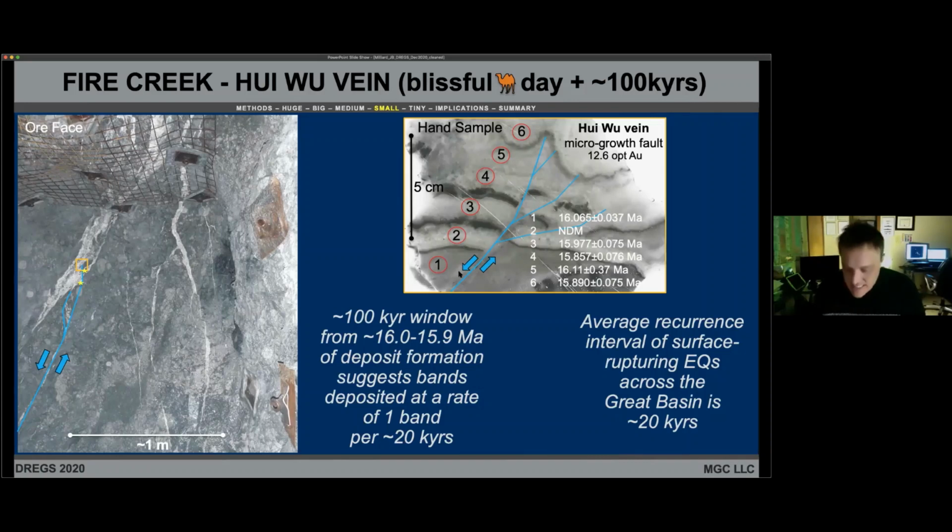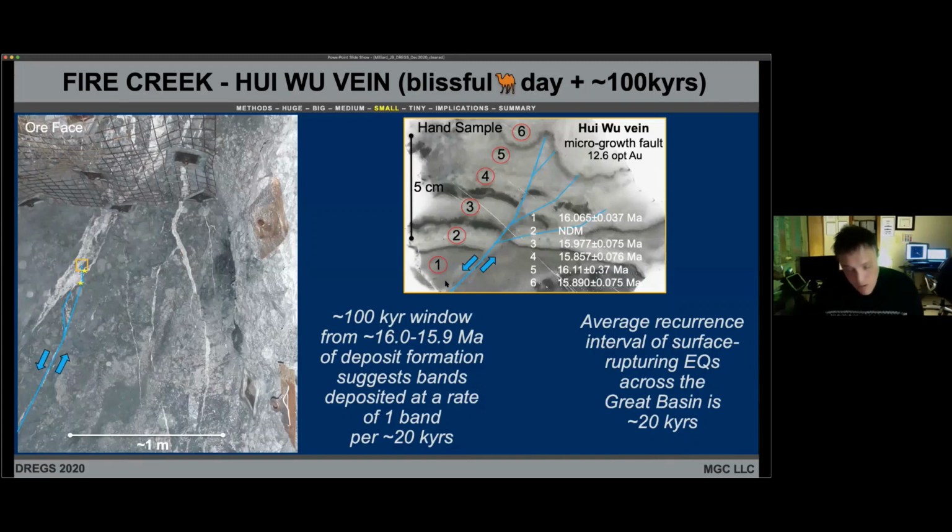So we're getting statistically significant age separation from the oldest and the youngest bands without argon loss. That allows us to constrain the time frame of the whole banding sequence in the veins at Fire Creek.